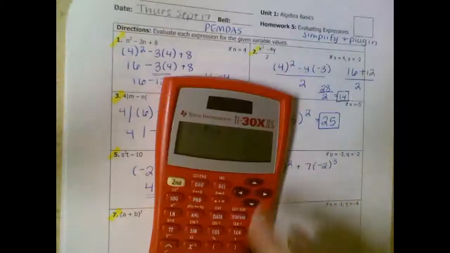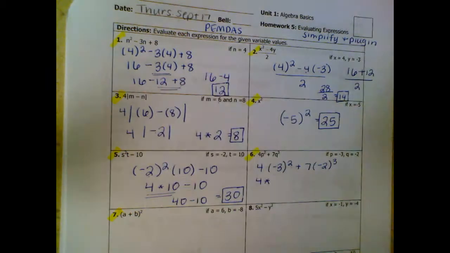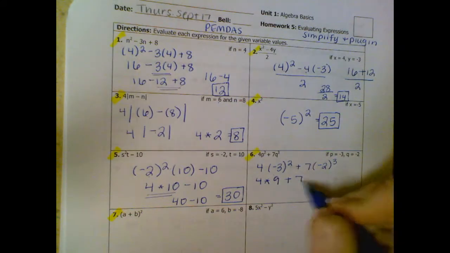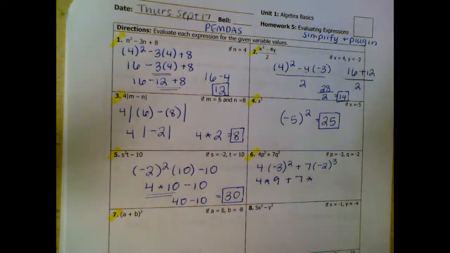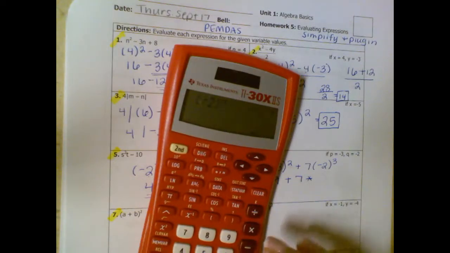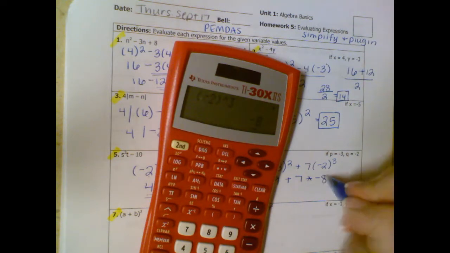Negative 3 squared, when I plug it in and it's in parentheses, gives me a positive 9. Bring this 7. Negative 2 cubed, in parentheses, negative 2. To get the cubed, I do the little caret button, then 3. So I get negative 8.